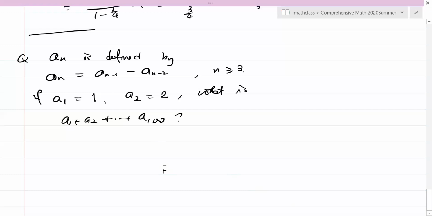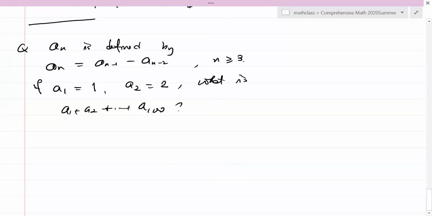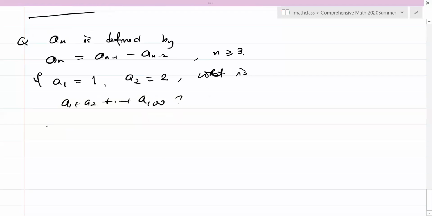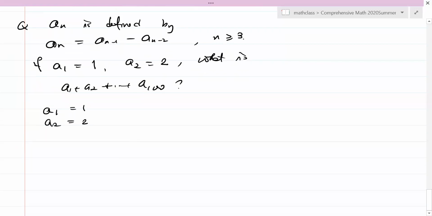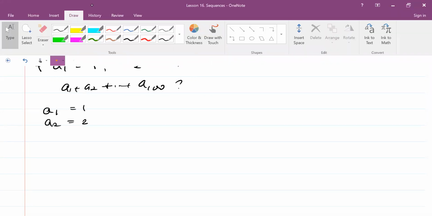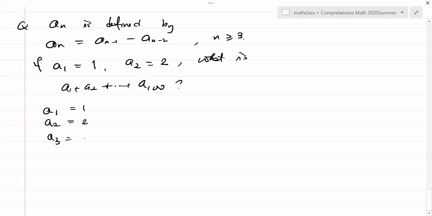All right, can we figure out a pattern? All right, so let's start. a1 equals 1, a2 equals 2, okay, fine. Then a3 equals a2 minus a1, so it's 2 minus 1 is 1.